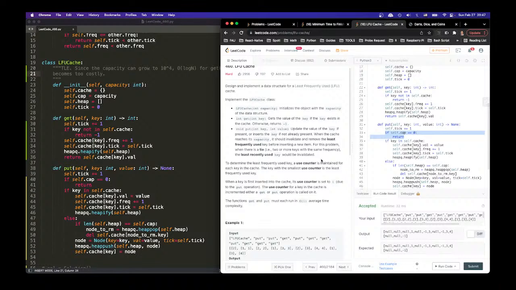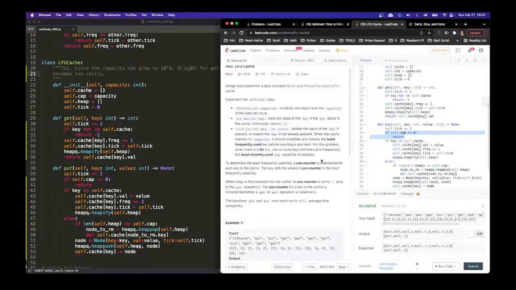And then if it is at capacity, we find the smallest. How do we find the smallest doubly linked list? In this case, we can keep a heap, but we don't have to call the heap every single time. We look at the front, that's the frequency, and then we just pop the front.